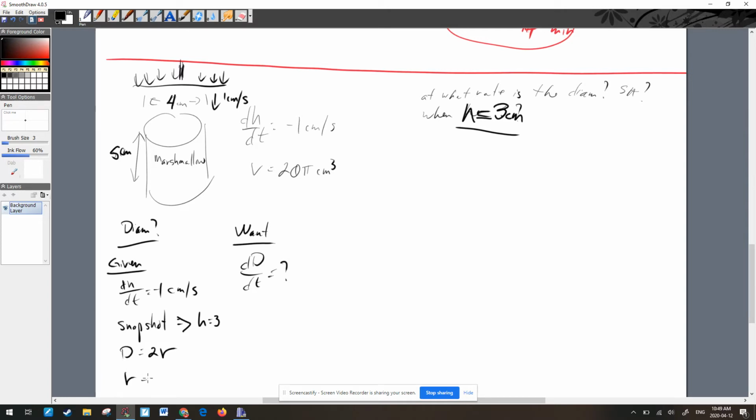So radius is equal to diameter over 2. I know that the volume is pi r squared h, and in this case, 20 pi is equal to pi r squared h. I can divide both sides by pi, so 20 is equal to r squared h.